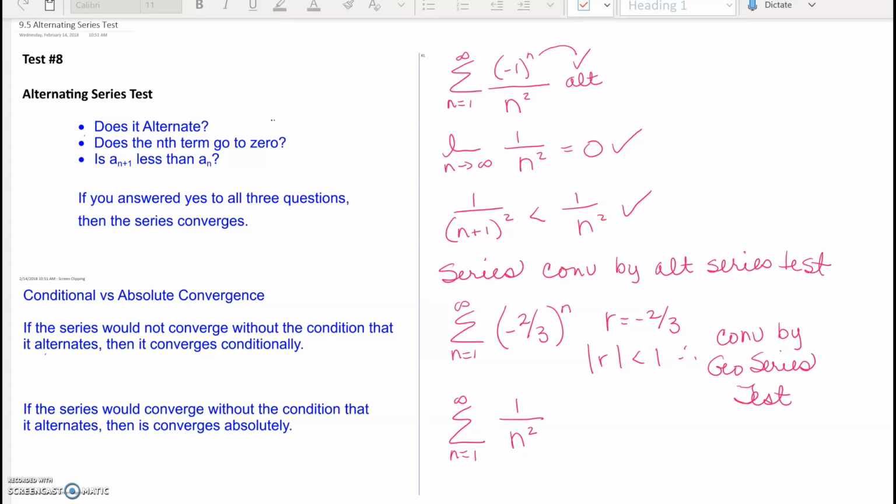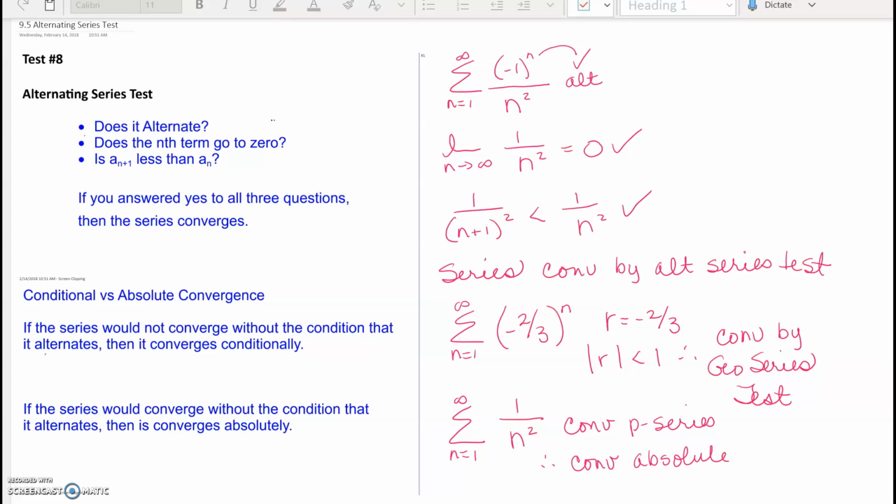And this is a convergent p-series, correct? So we can say that it's great that it alternates, but it doesn't need to alternate. It doesn't need that condition. Therefore, it converges absolutely. So it's absolute convergence.